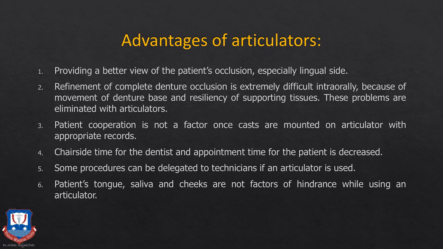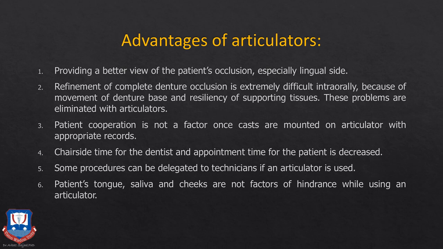These problems are eliminated in an articulator because we have hard tissue models made out of gypsum, which are solidly mounted to the upper and lower plates of the articulator. Patient cooperation is not a factor because you are working on an articulator. Sometimes you find difficulty in doing even simple procedures, such as taking a record in a patient's mouth; these difficulties are not encountered if you use an articulator.